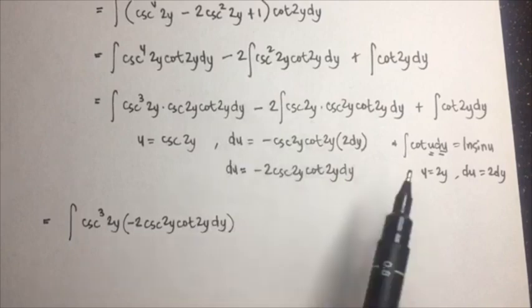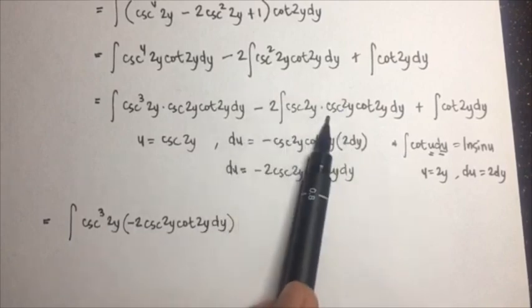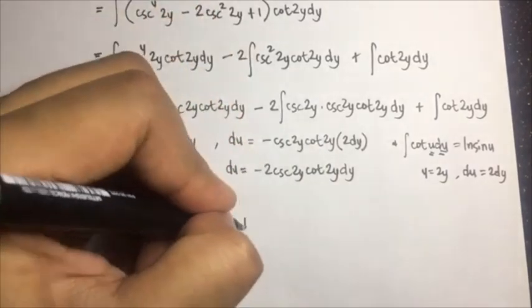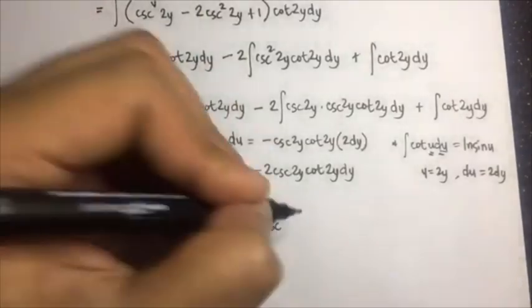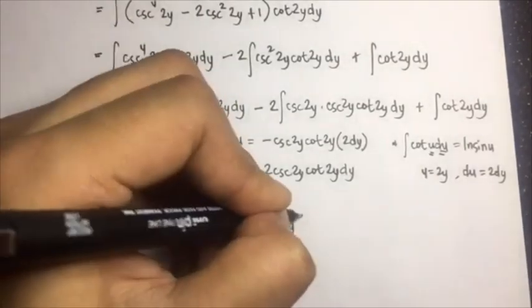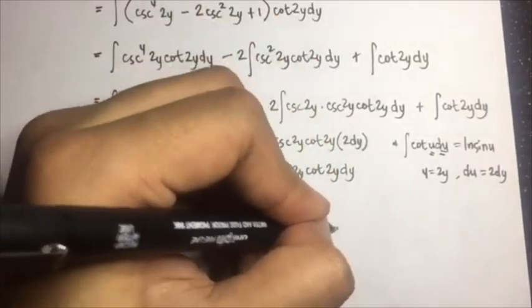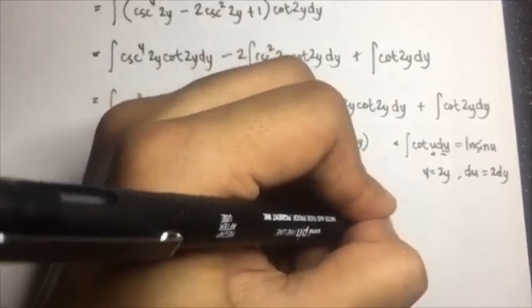To save space, I want to just transfer the negative 2 back inside the integral sign. So we will have plus integral of cosecant 2y and then negative 2 cosecant 2y cotangent 2y dy.